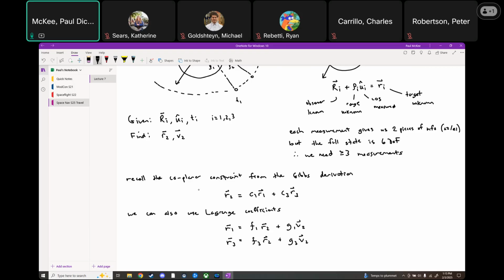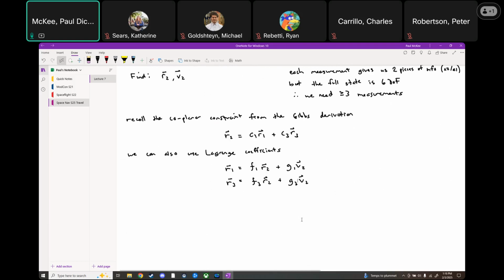But you can see how we should be able to plug this into this, right? We can see where this is going from here. If you combine this measurement equation, capital R_i plus rho_i u_i equals little r_i, with the coplanar constraint, and with the Lagrange coefficients, all of these are models of either the measurements or the dynamics going on underneath the physics that we're seeing.